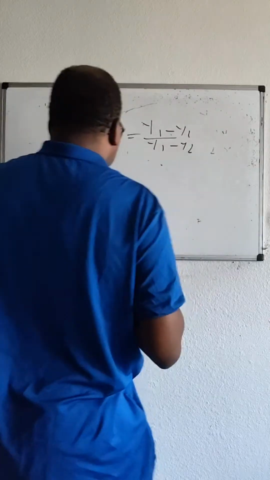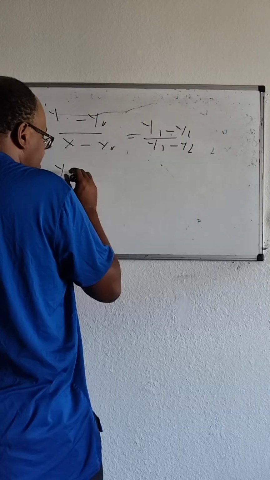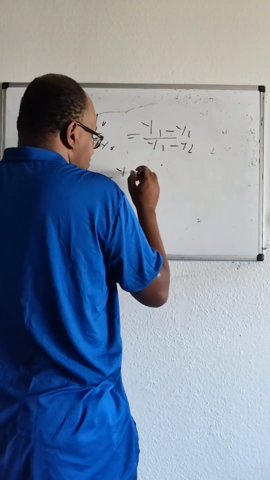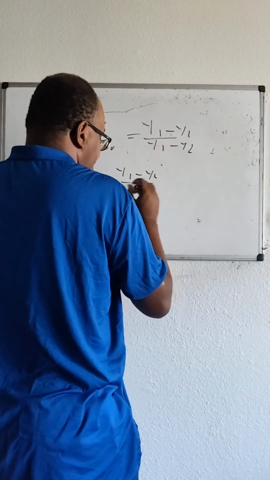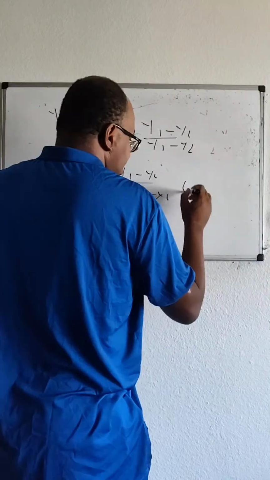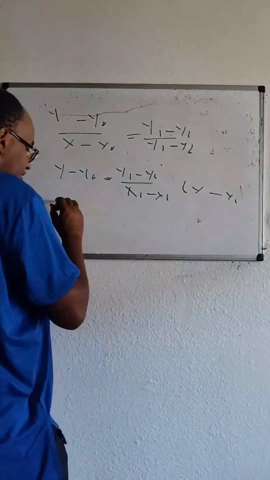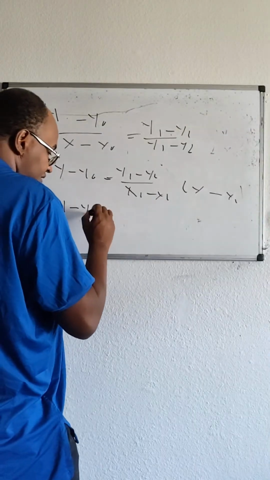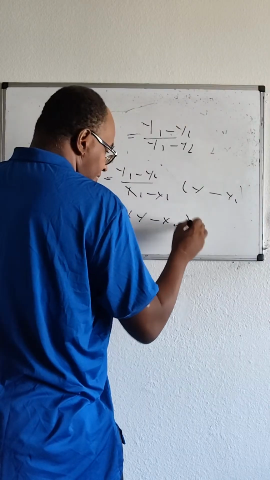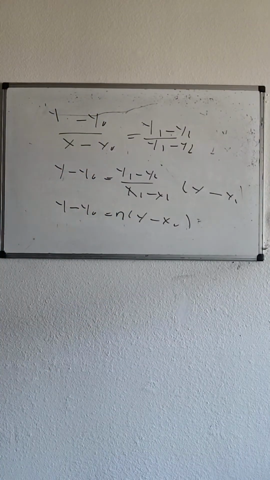You can multiply both sides by the denominator, and times x sub naught. Then we have y sub naught equals m x sub naught. It's called a point-intercept slope form of the equation.